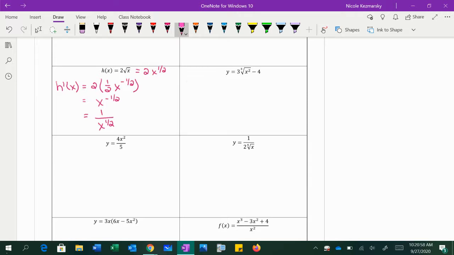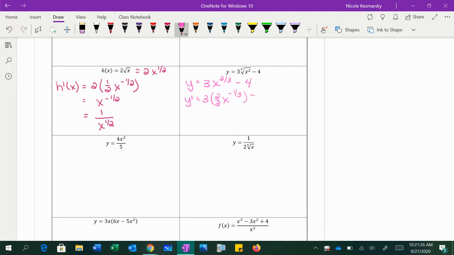Next example, we're going to have to do a little rewrite because we've got a root. So this is going to become 3x to the power over root, so 2/3, minus 4. I'm going to say y prime equals 3, bring down the 2/3. 2/3 minus 1 is negative 1/3.